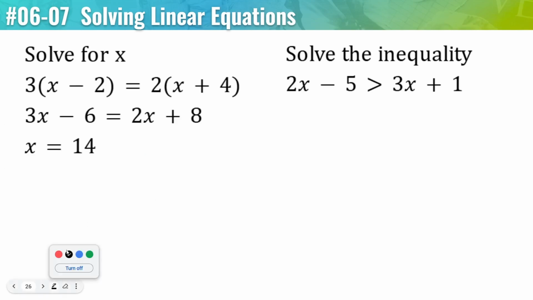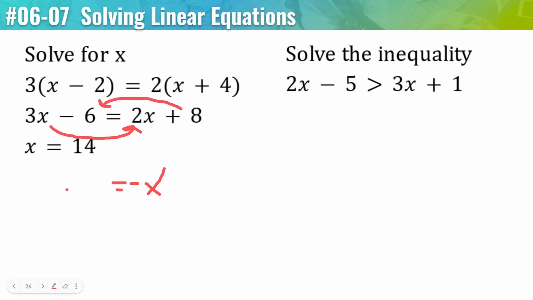So if ever you do it the other way around and you move x here, it's going to be negative x, and then you move 8 here, it's going to be negative 14. You're going to end up still with the same answer. You can just multiply both by negative 1 to make the signs disappear. So 14 equals x is going to be the same as x equals 14.